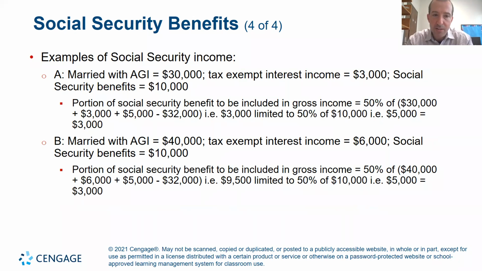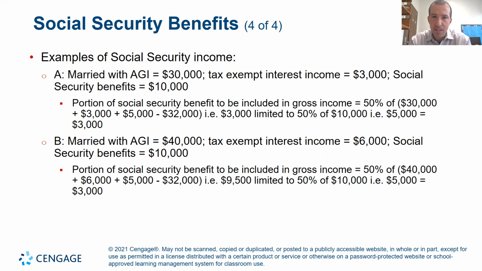If you go to the slides, there are some great examples where we can see how much we need to calculate. So example A, we have a married couple, the adjusted gross income is $30,000, tax exempt interest is $3,000, and they have Social Security benefits of $10,000. So what would the modified adjusted gross income be?